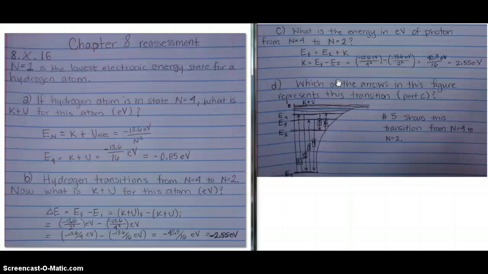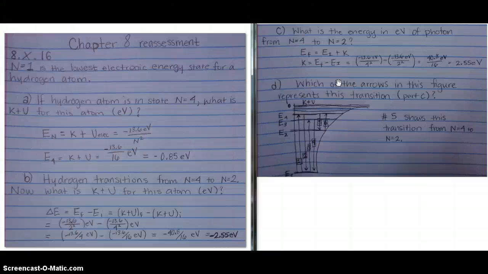and you get that by taking the state that the hydrogen atom was in, which would be n equals 4, and then subtract that by the state that the atom dropped down to, which is n equals 2.